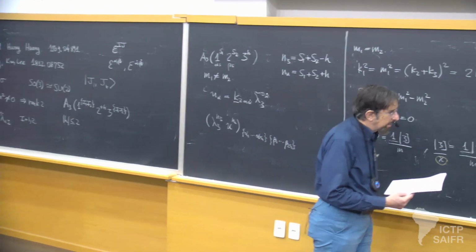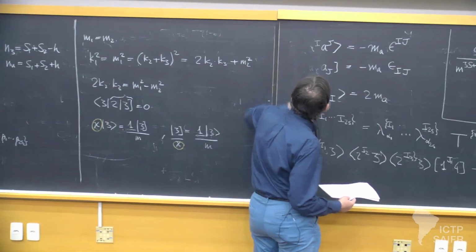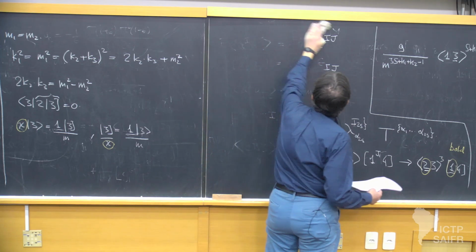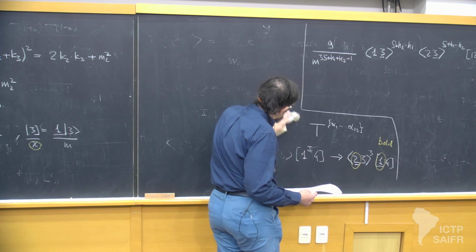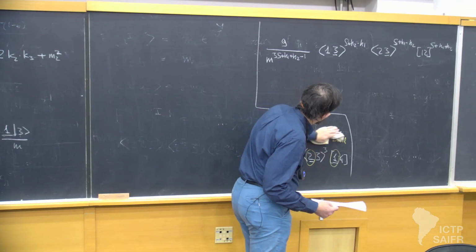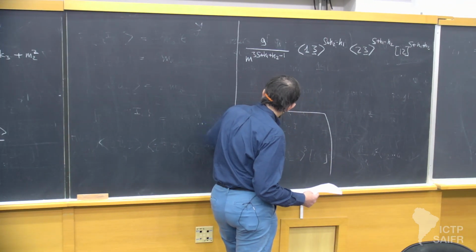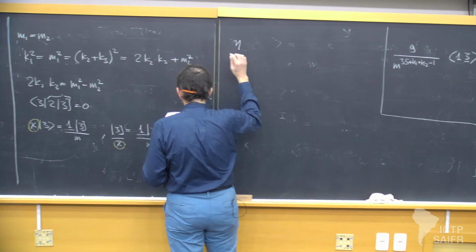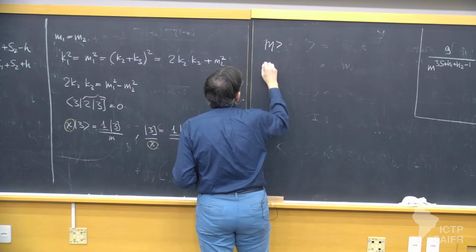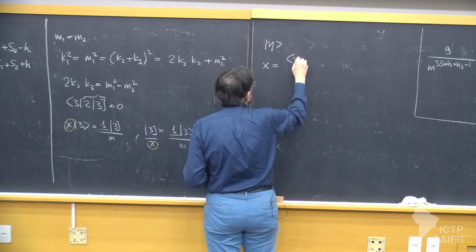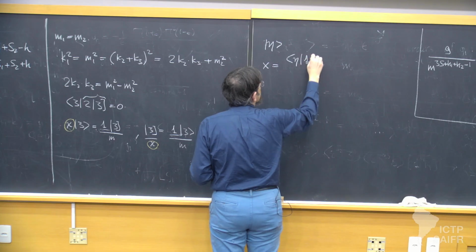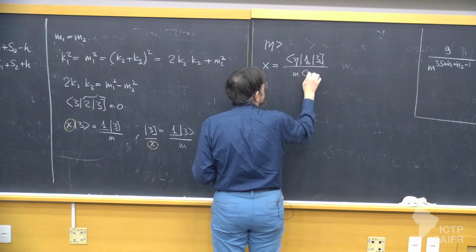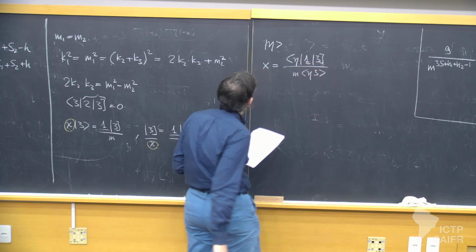We can actually write a concrete expression for it if we introduce some reference spinor. So let's say we introduce a reference spinor eta, then we can write x as the bracket of eta and 1, 3 divided by the mass times the angle product of eta and 3.